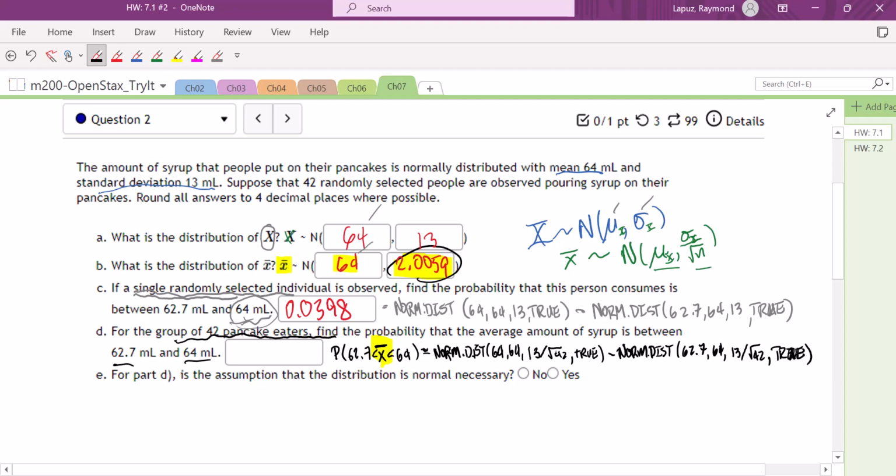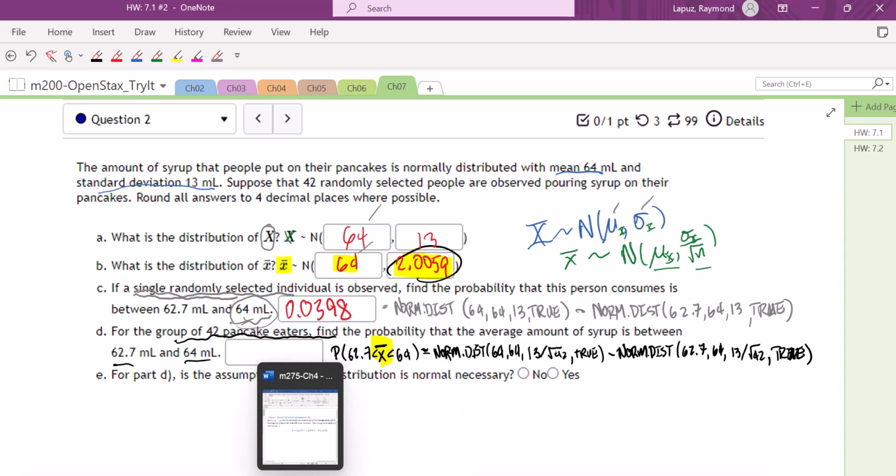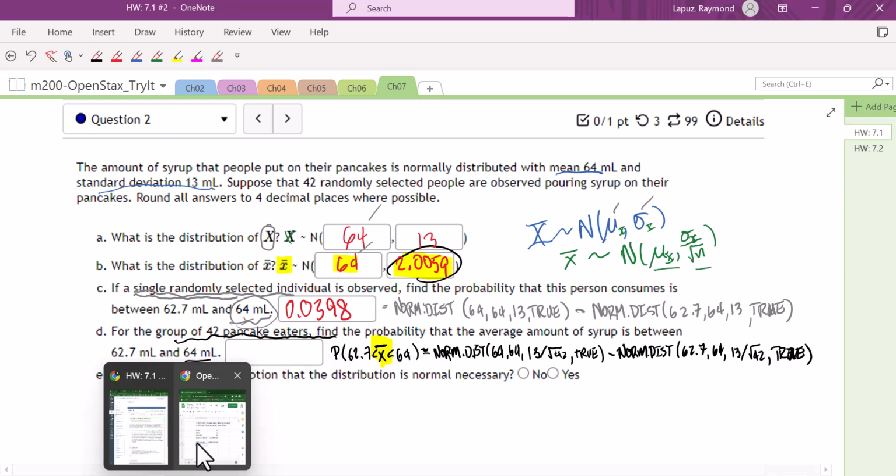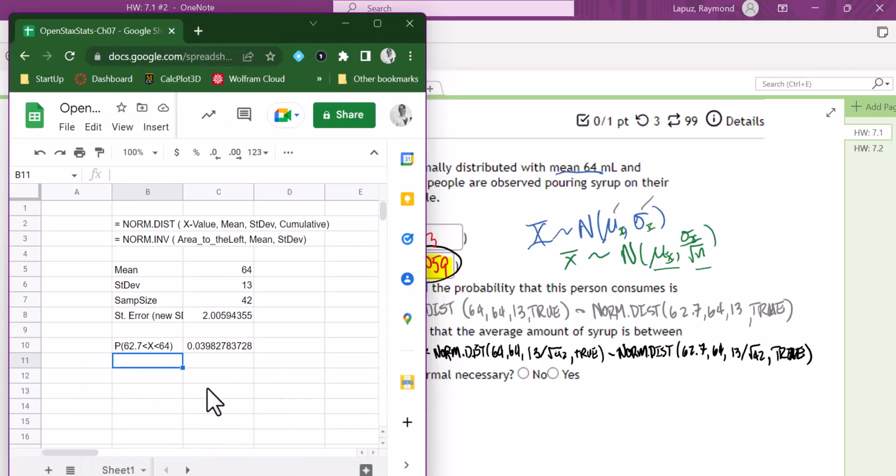All right, so let's go ahead and put that in our Google Sheets program. And it's kind of hard to put the bar here, so I'm just going to say X bar just to get this notation, and then equals.